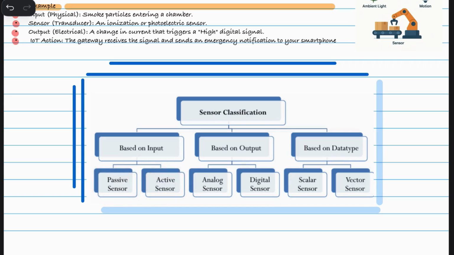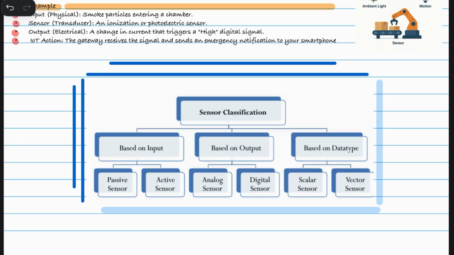And if we depend on the output, it is what kind of output they are giving, right? Are they analog sensors, meaning they provide continuous smooth data, or digital sensors, meaning they provide binary code, either 0 or 1, right? And based on the data type, the sensors are divided into two parts, that is scalar sensors and vector sensors.